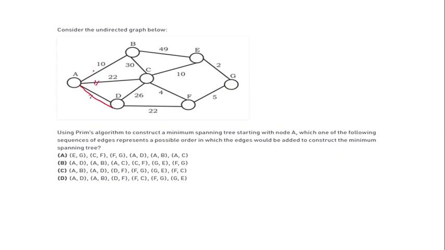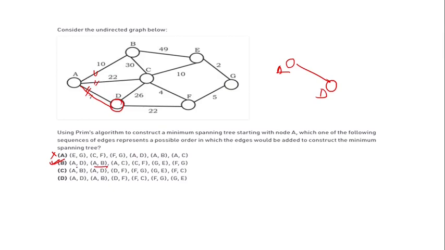Out of 22, 10 and this one, 7, this is the minimum. So visit AD, no issue. I'm talking about option B. After AD, then AB, which also seems to be correct.